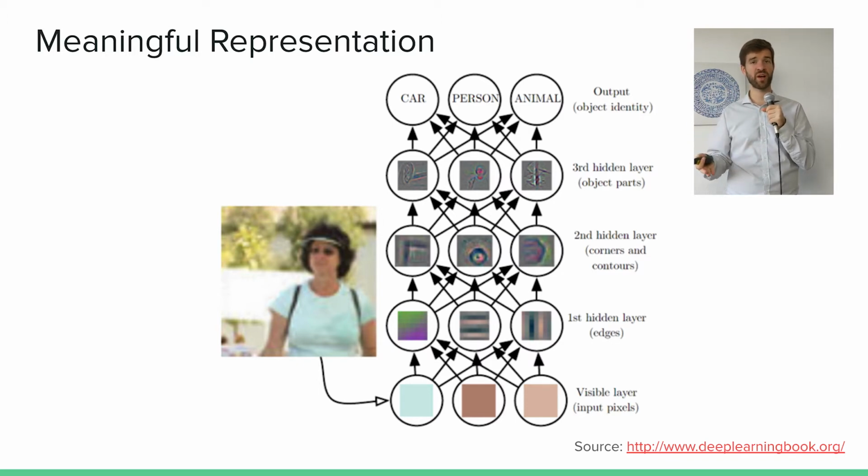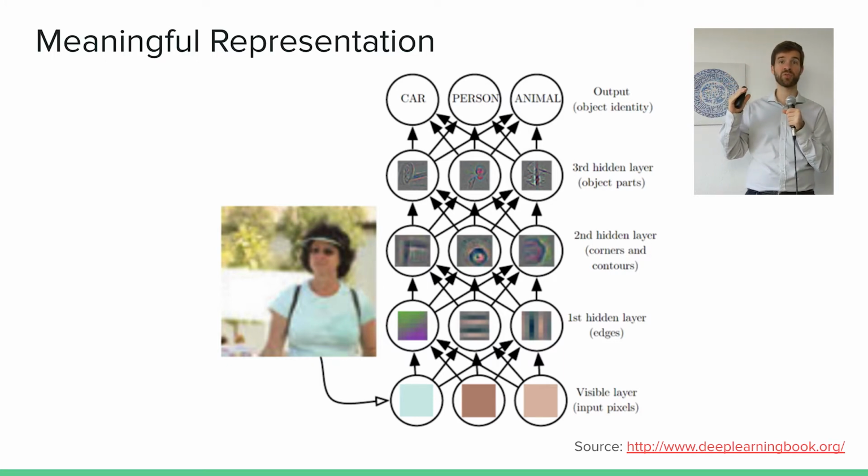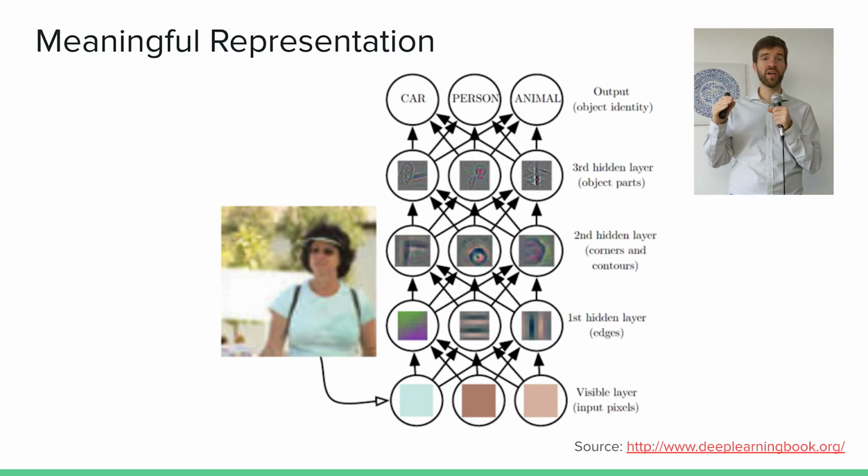The network learns to extract something like edges, and then corners, contours, and ultimately at the very highest levels of our neural network, we will probably have some really meaningful neurons that are sort of tuned on a particular piece of information.